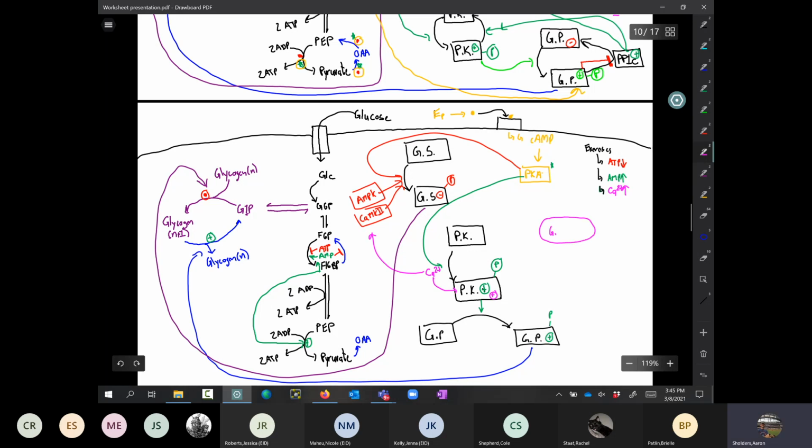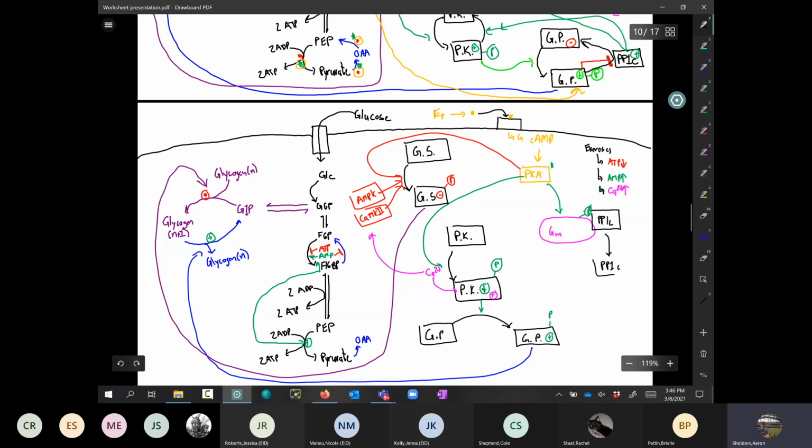We have that thing GM that binds to PP1C and a whole bunch of other things. PKA is going to phosphorylate it, and that phosphorylation is going to cause PP1C to be released.